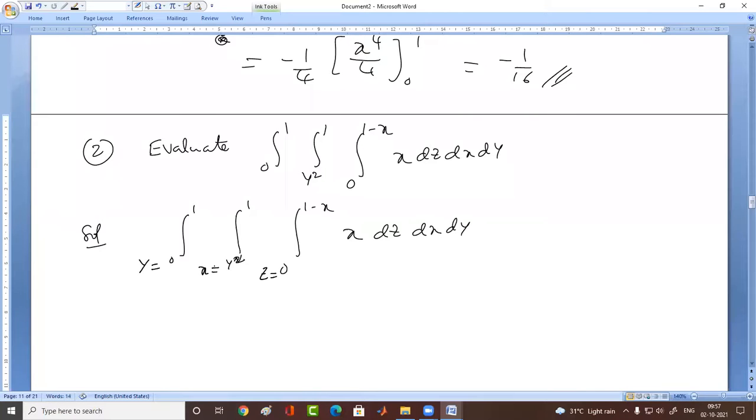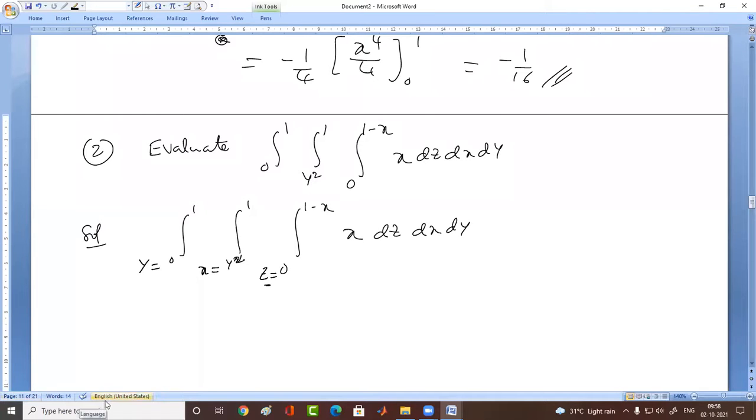Just try to understand the logic behind this concept. So in terms of y, the next limit is y. Here in terms of x, maybe x or maybe y, y is already completed, so that is z. The other variable is x.